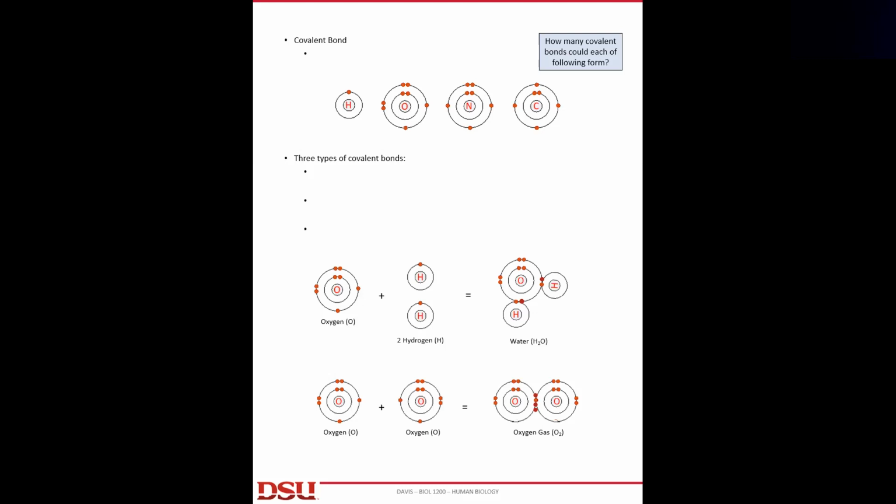And so you can think of that as a transfer, but when it comes to a covalent bond, you can think of it as sharing electrons, forgive me. So when two or more atoms share one or more electrons.